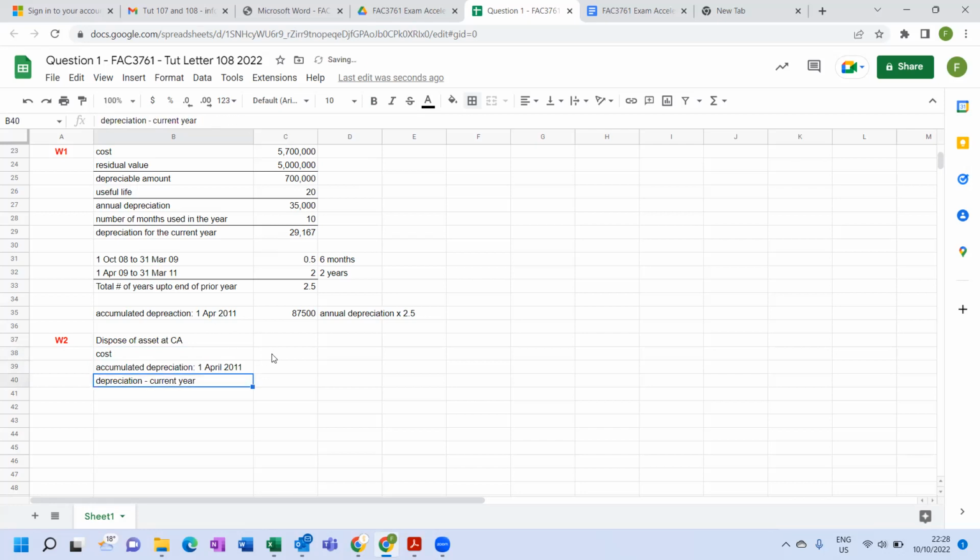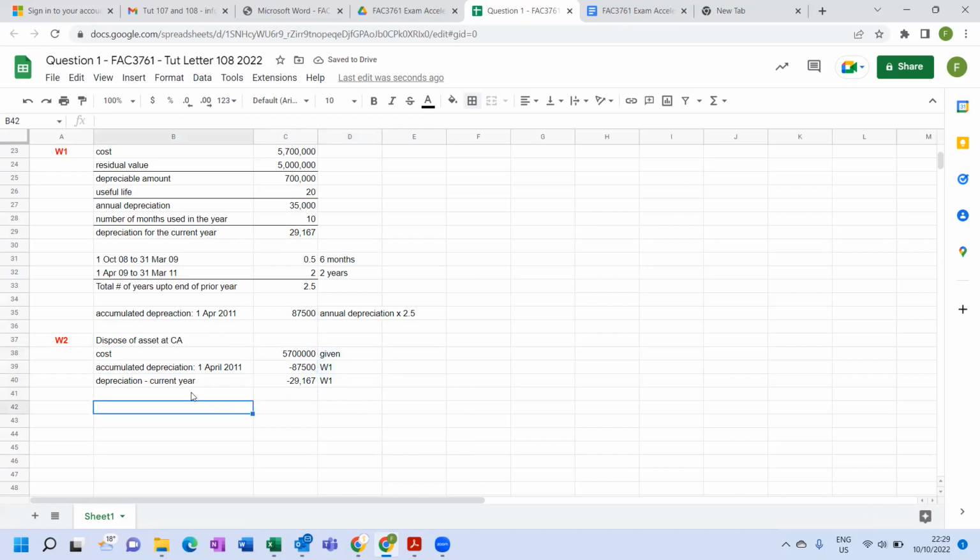The cost is 5.7 million, accumulated depreciation is 87,500, and depreciation for the current year is from working 1, which is given.